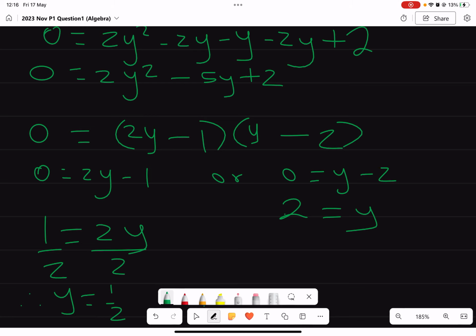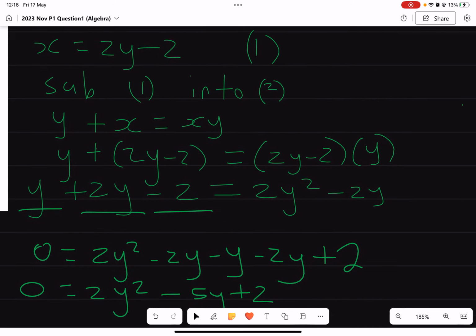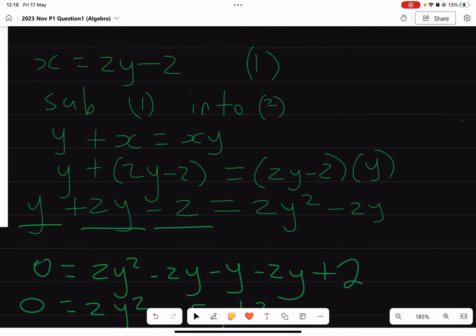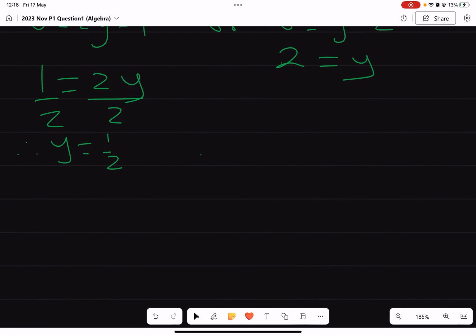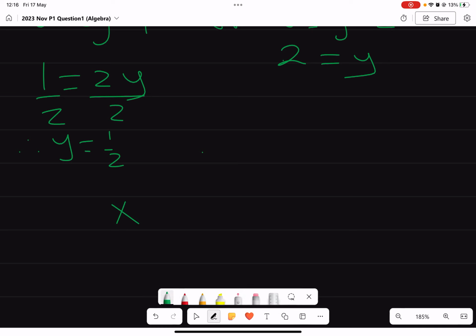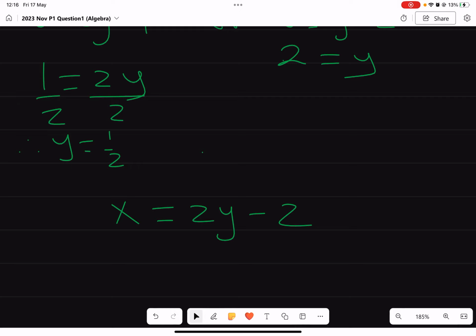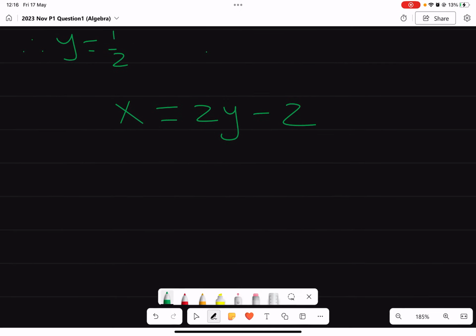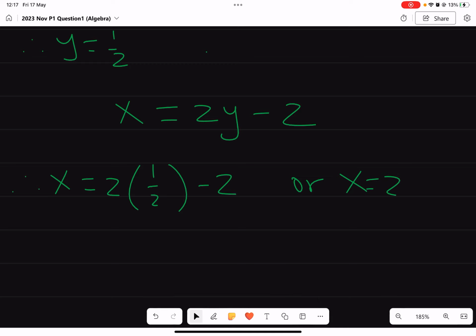All right? Now we need to find the x values, right? If I remember well, the x value was x equals 2y minus 2. Okay. So we have x equals 2y minus 2. All right. So I'm firstly going to say, therefore, x equals 2 times half minus 2, or x equals 2, what is our other y value again?